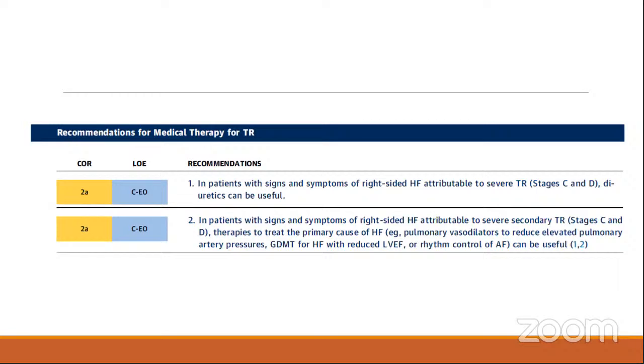In patients with signs and symptoms of right-sided heart failure attributable to severe secondary tricuspid regurg, like stage C and D, therapies to treat the primary cause of heart failure, for example pulmonary vasodilators to reduce the elevated pulmonary artery pressure, goal-directed medical therapy for heart failure with reduced left ventricular ejection fraction, or rhythm control of AF can be useful, and this is a class 2A.